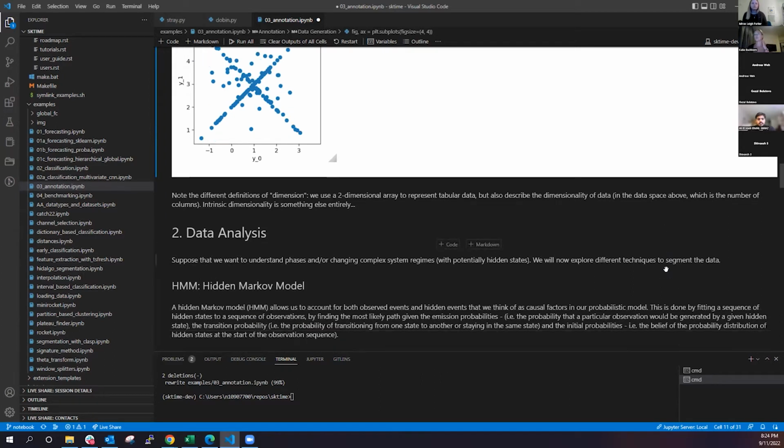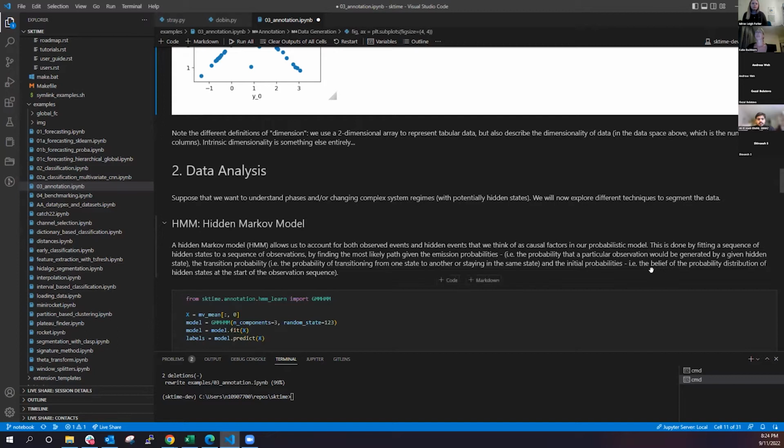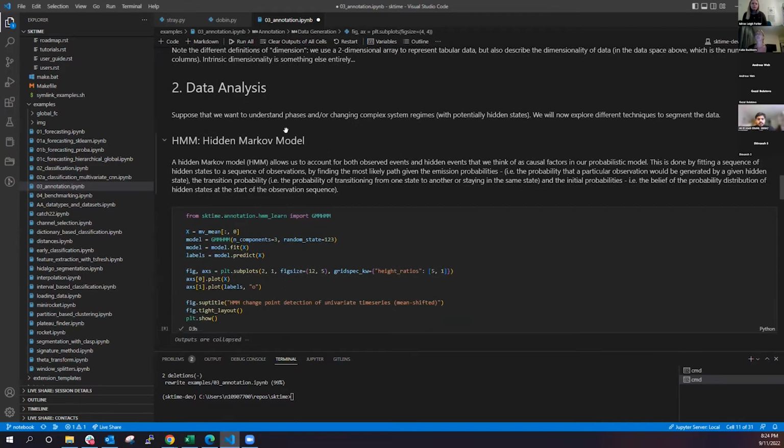So, separate. Okay, so now we have our data. Let's analyze it with some tools that we've developed in sktime, or developed and interfaced. We want to understand the phases and changing nature of these complex systems.